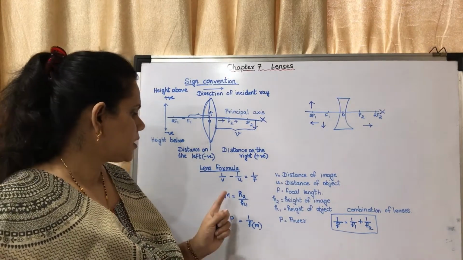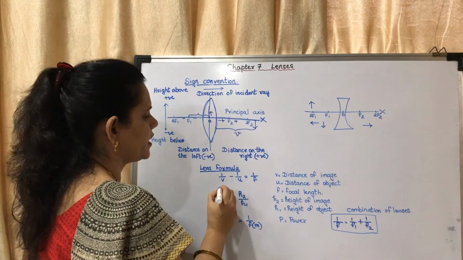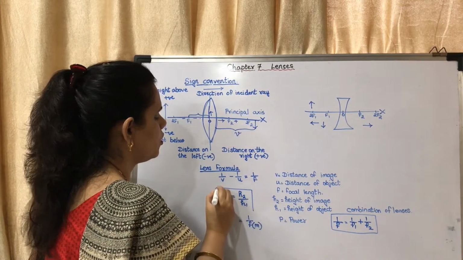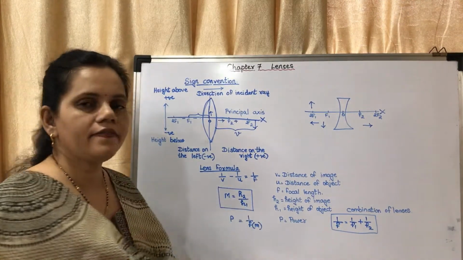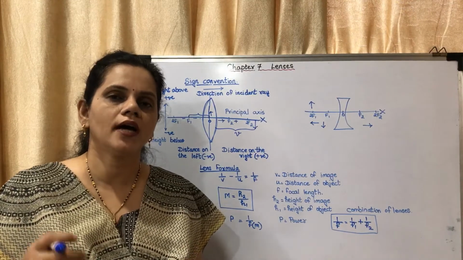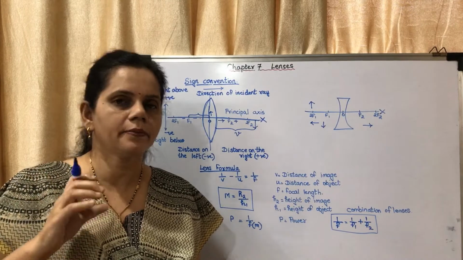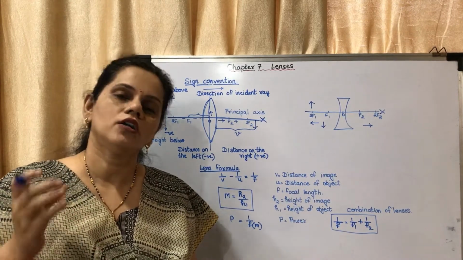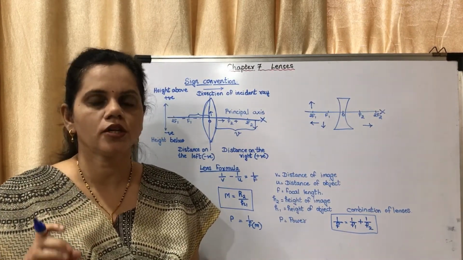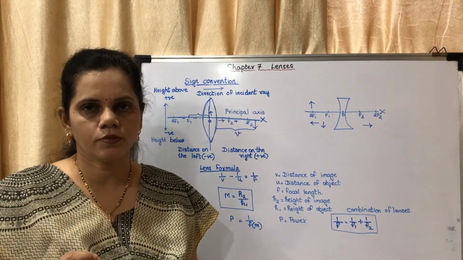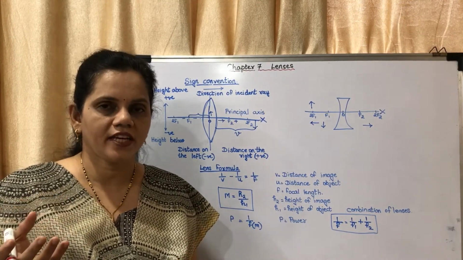Now the next topic is magnification. M stands for magnification. Now when we had drawn the ray diagrams, you had seen the size of the image was either same as the size of the object, or smaller than the size of the object, or larger than the size of the object. That means there is magnification.